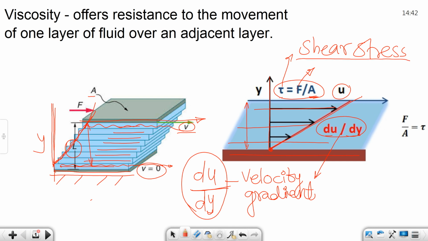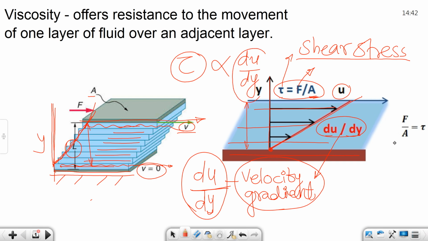This shear stress is directly proportional to velocity gradient, that means du by dy. This is Newton's law statement. Shear stress is directly proportional to velocity gradient, which is also called the rate of deformation.